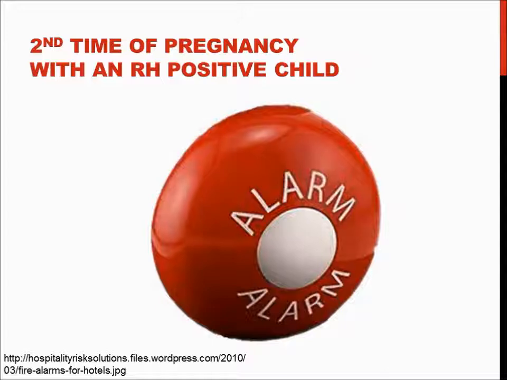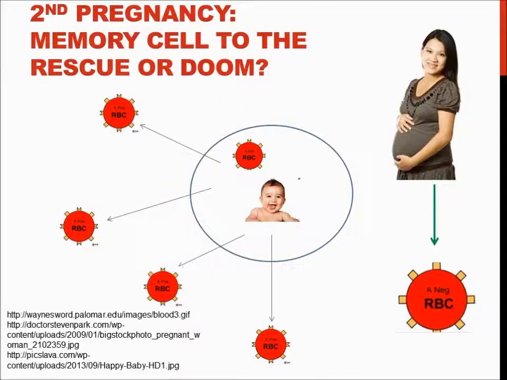The problem of HDN arises when a mother who is Rh negative is for the second time carrying a child that expresses the Rh antigen. So in this scenario, it looks very identical.